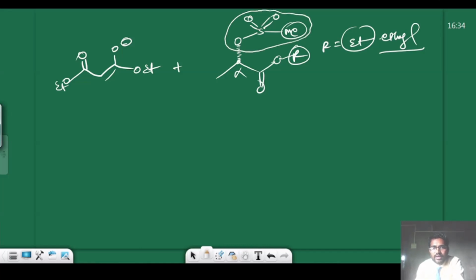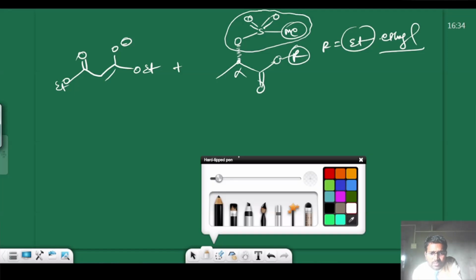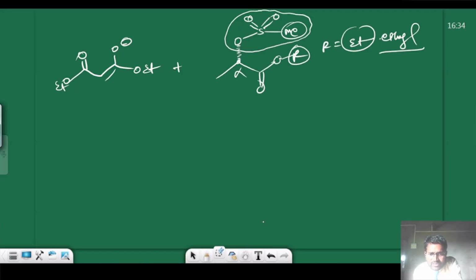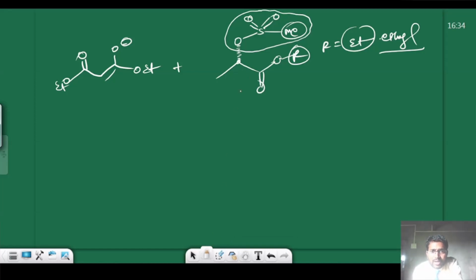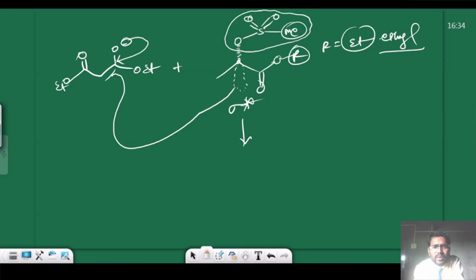Now exactly opposite to this particular group, one sigma star orbital is present over here. So this is the sigma star orbital. Now what will happen? This enolate anion will come like this and attack exactly opposite to this particular group, and this will leave with the bonding electrons.